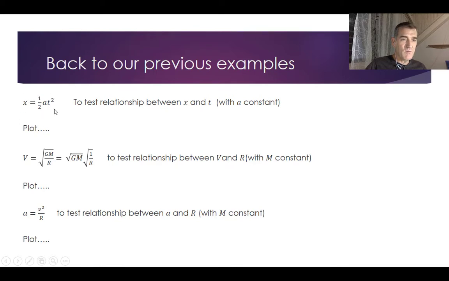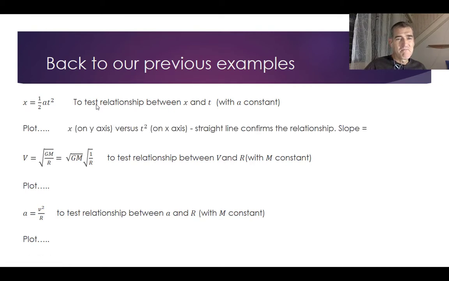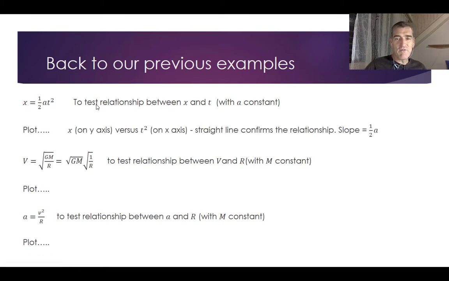On the x-axis we plot t squared, and we've got a graph of the form y equals a constant times x, where x is t squared and y is x, as in displacement. The slope would therefore be half a, the constant in front of the variable.